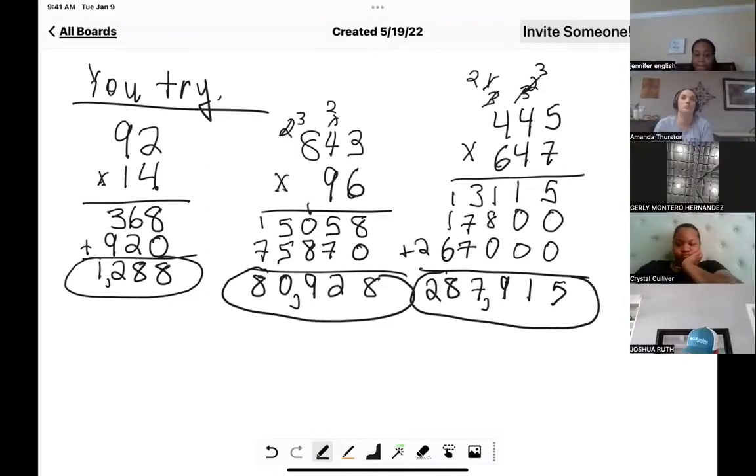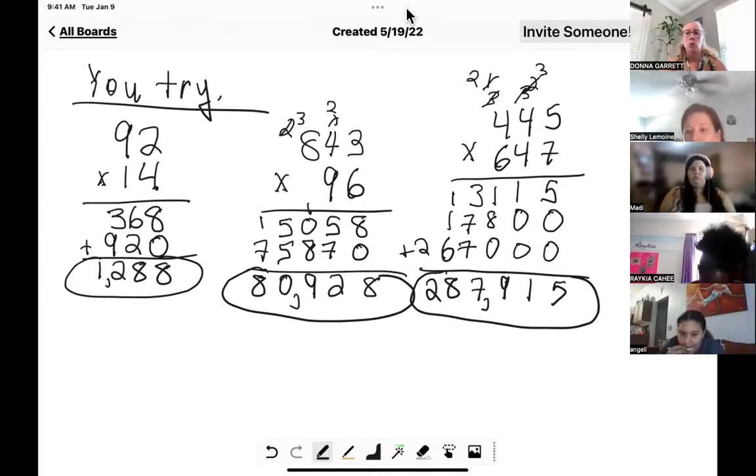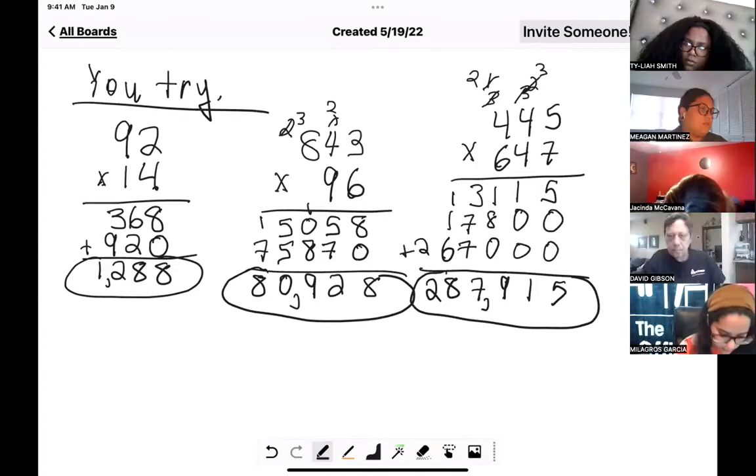If you don't have that exact answer, just check where you might see a mistake in a number and go back and check it. And if these are rusty to you, you need to practice, just take your time because you can easily make mistakes. I see a couple of people still working. Does anybody have any questions on multiplying?